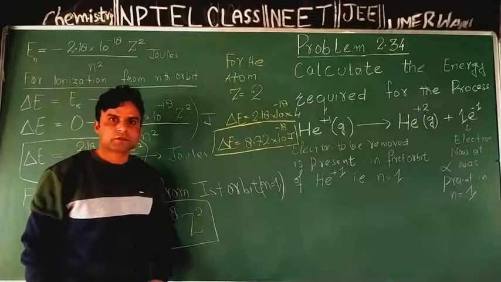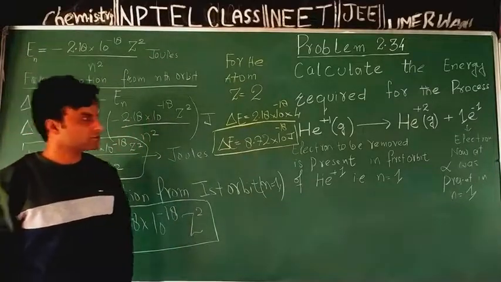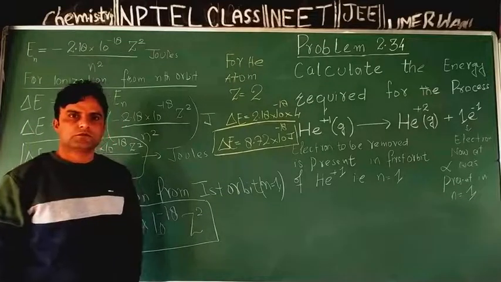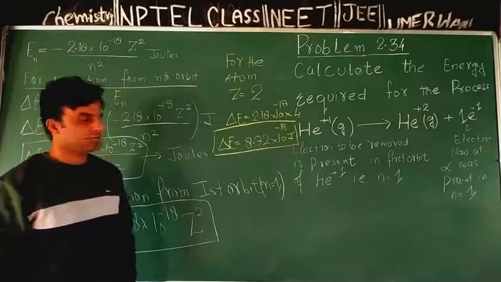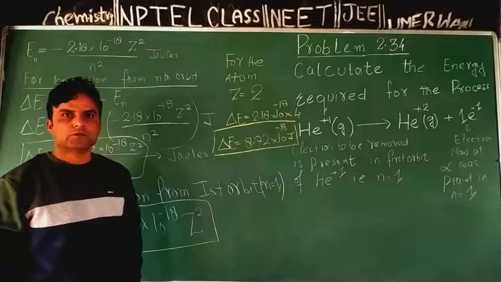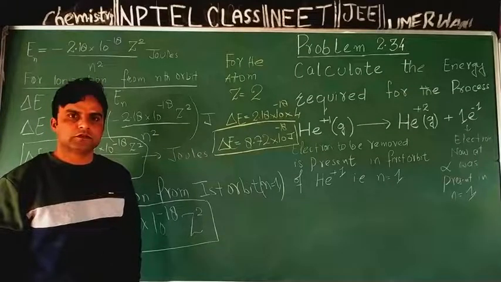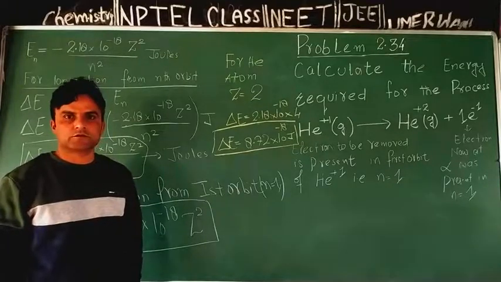Class 11 students, this is what I have got for you today. In fact, this is a very important problem because in Bohr's model of atom you only learn to calculate energies of electron in various orbits of one electron species, mainly hydrogen atom.